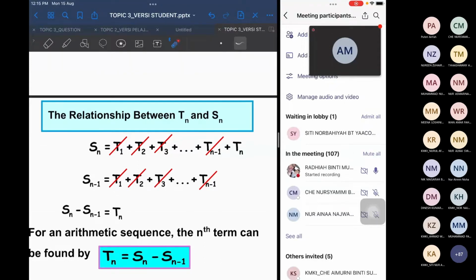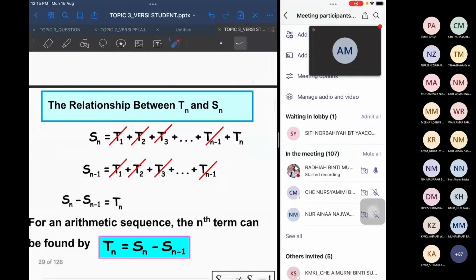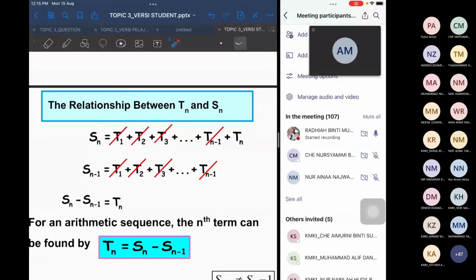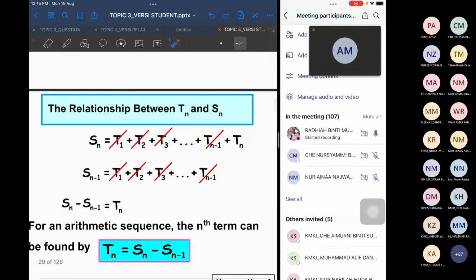Macam mana kita nak tahu kita punya ni sampai mana? So kita tengok kat bawah ni lah. Okay, so kalau lah Sn minus 1, dia sampai Tn minus 1. So kita tengok bila Sn ni equation yang pertama.